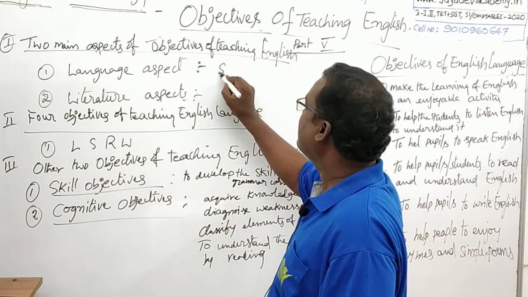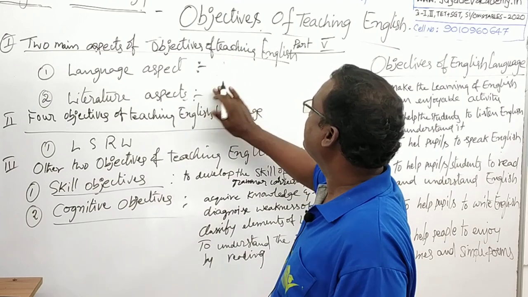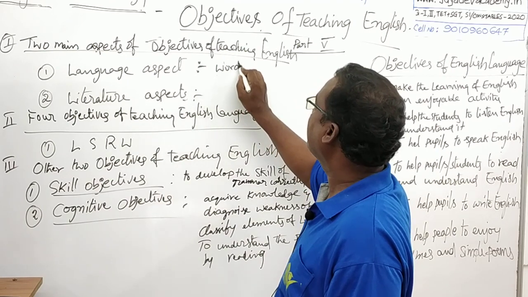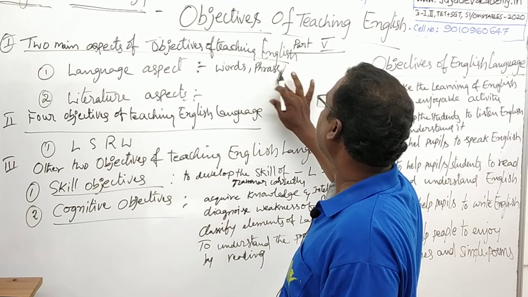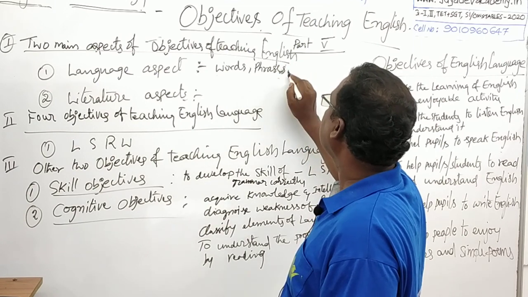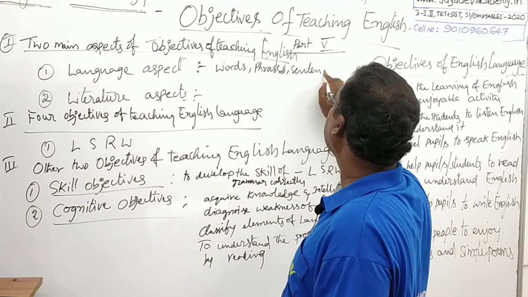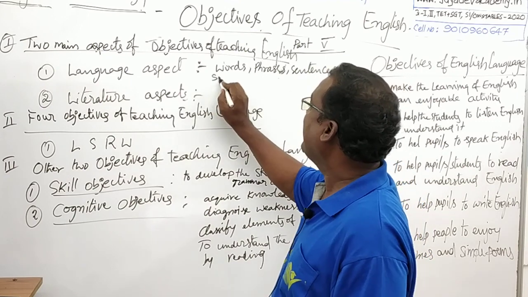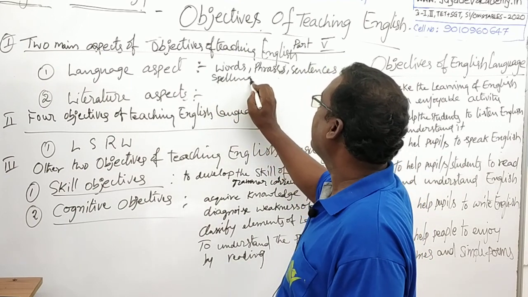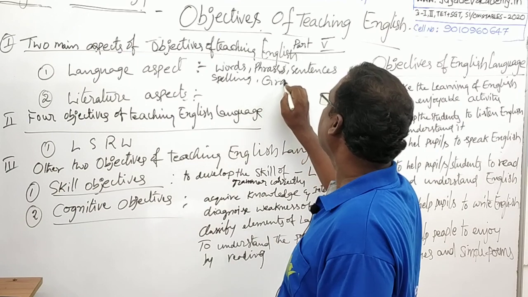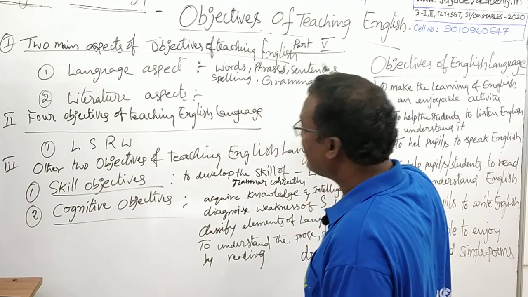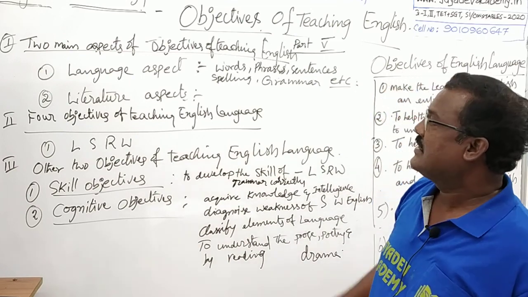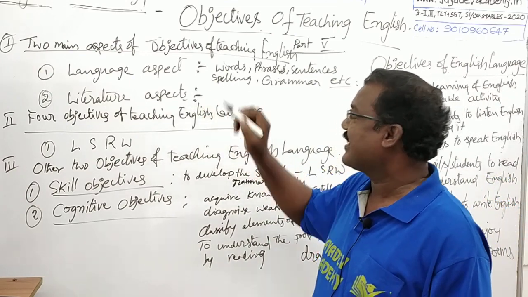So here, words, phrases, sentences, spelling, grammar, different things are there. Next, the literature aspect.